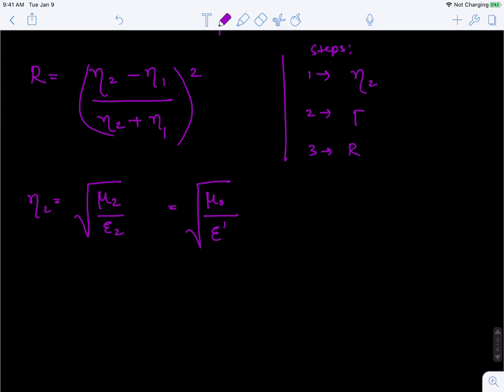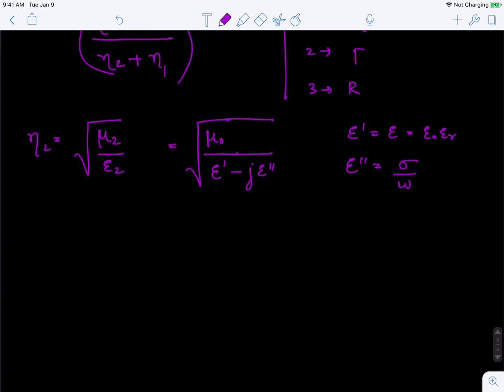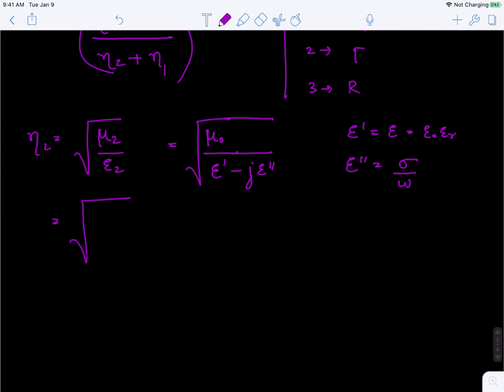Therefore eta2 is equal to the square root of mu naught divided by epsilon dash minus j epsilon double dash. What is epsilon dash? That is equal to epsilon, which is equal to epsilon naught epsilon r. Epsilon double dash is equal to sigma by omega. We make the substitution: mu naught divided by epsilon minus j sigma by omega.